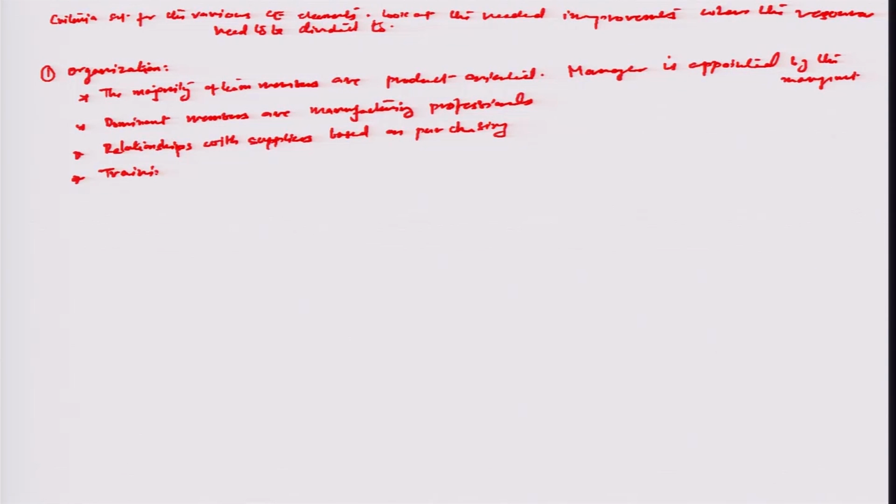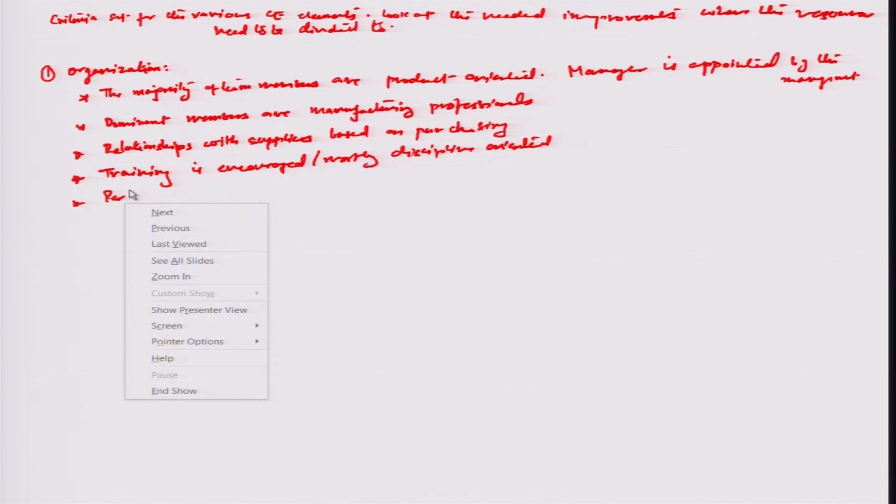In this kind of setup, it is only the particular subject in question that is used for training purposes. There is no motivational training as such which is needed, because it is a very fixed setup. Also, there are some performance awards.